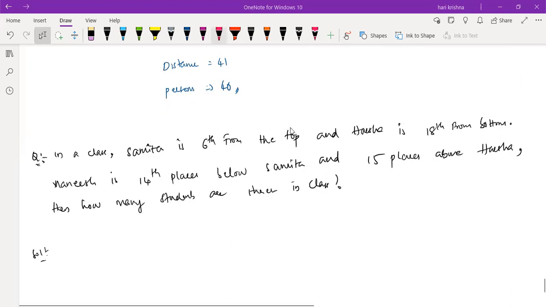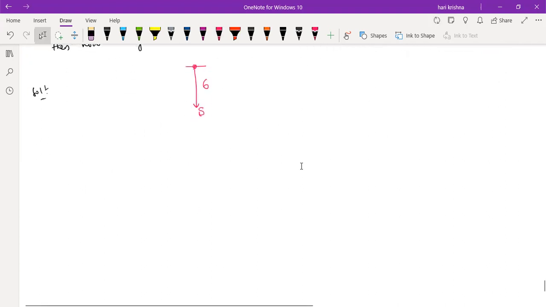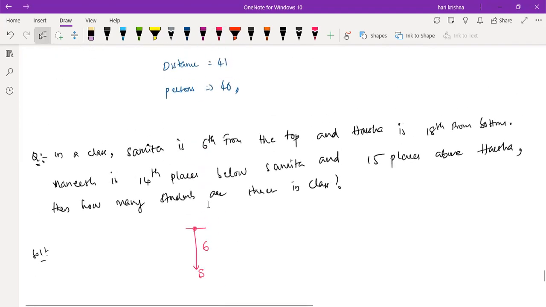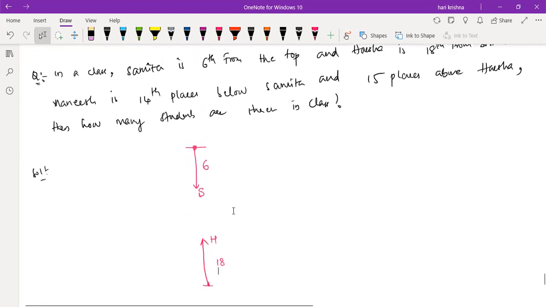So in a class, Samita is 6th from the top. And what about the next? Harsha is 18th from the bottom. The next, Manish is 14 places below Samita. At the same time, Manish is 15 places above Harsha.